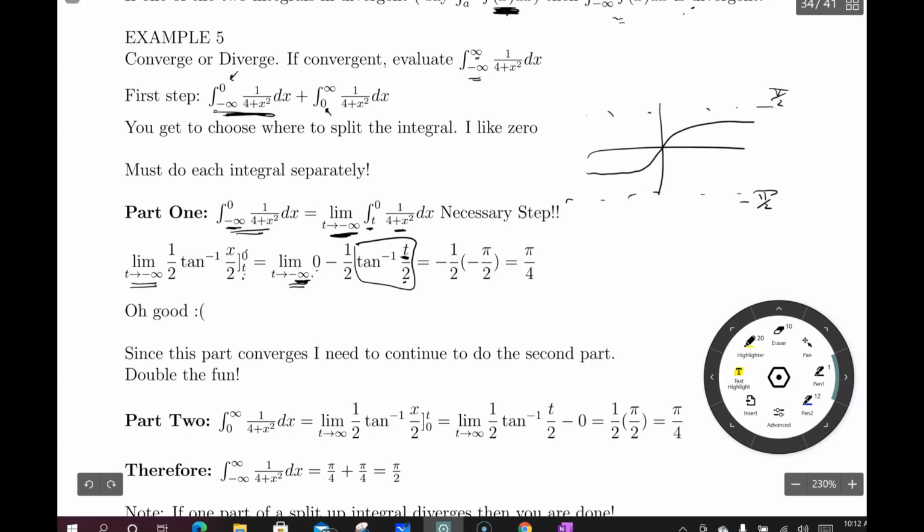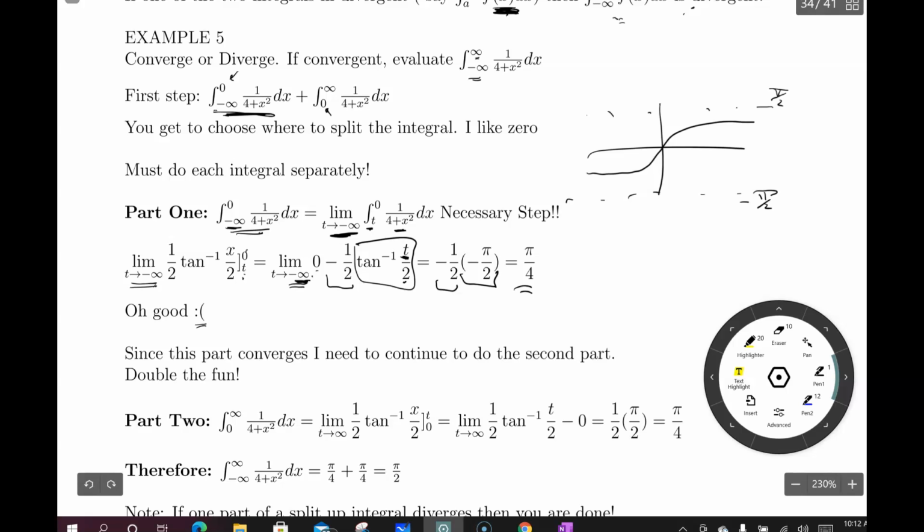So arctan of negative infinity is negative pi over 2. Don't write anything, you just think it. This negative 1/2 in the front carries along. So there's the 0, subtract, so these two negatives make a positive, and I get pi over 4. So the first part adds up to a number.